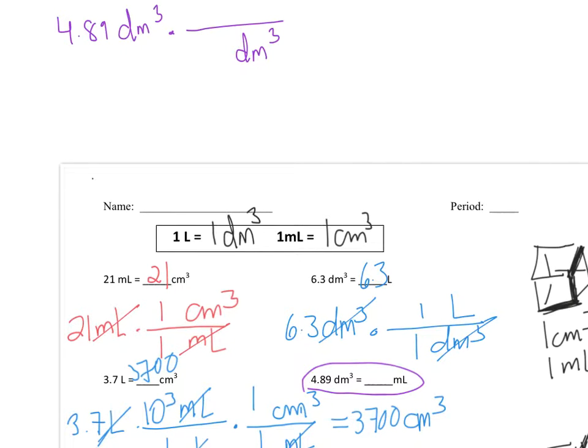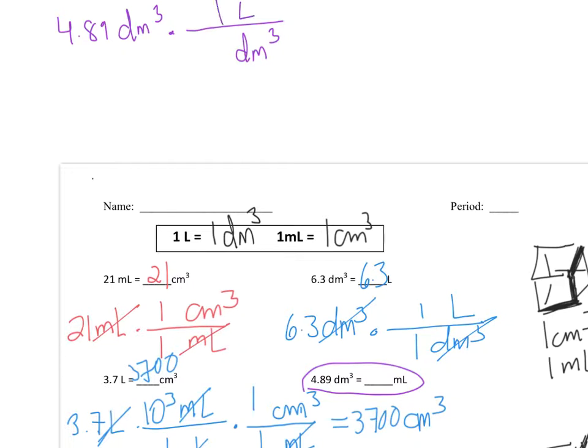On top you'd like to put milliliters, but there's no link between milliliters and decimeter cubed, so that tells you that there are two steps. So I'll show you both ways to do it. You could go from decimeter cubed to liters, and then you can link between liter and a milliliter. I think that's the easier way.